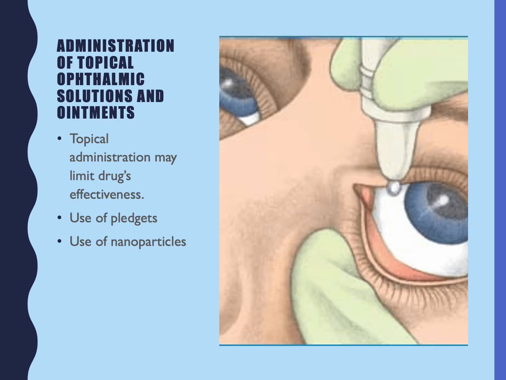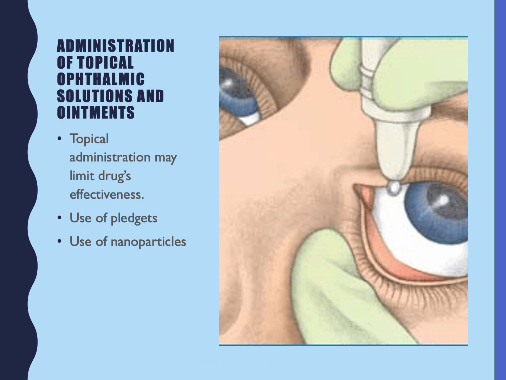So the eye has a protective barrier that's really similar to the blood-brain barrier, and it's called the blood-eye barrier. This barrier prevents the absorption of most medications that are administered systemically, and as a result, most ophthalmic medications are given topically in the forms of drops, suspensions, or ointments.